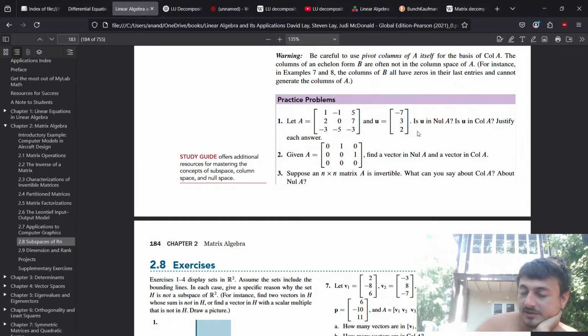Now, for U to be in Col of A means the set of X such that AY equals X, pretty much.